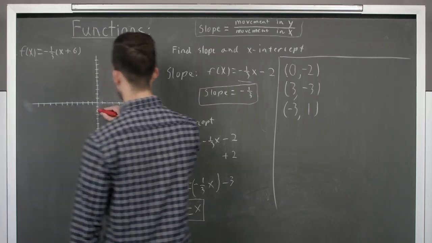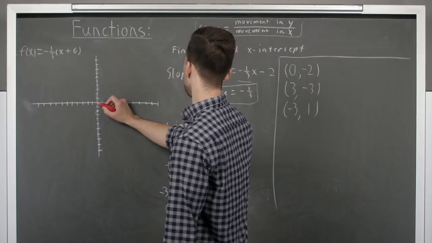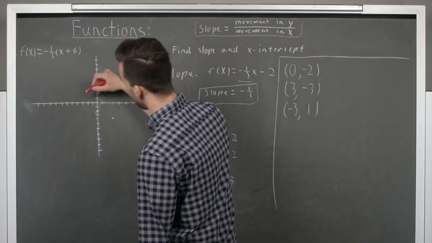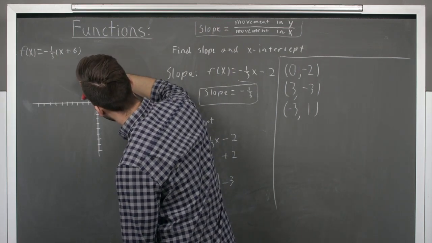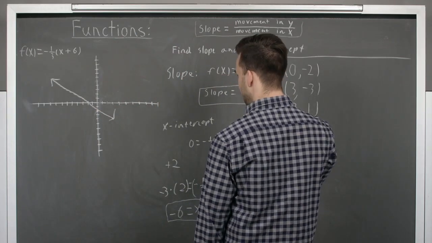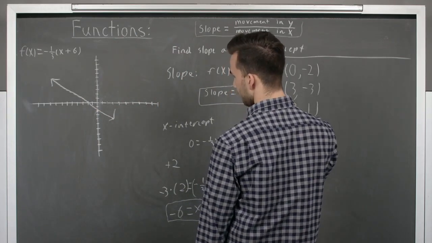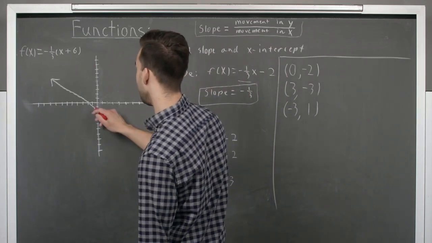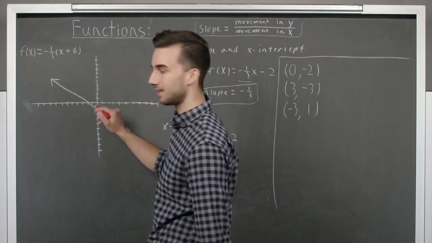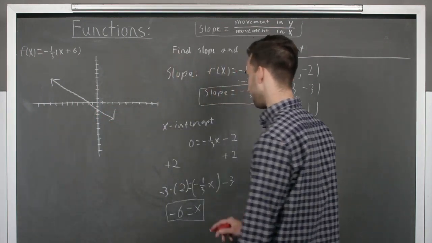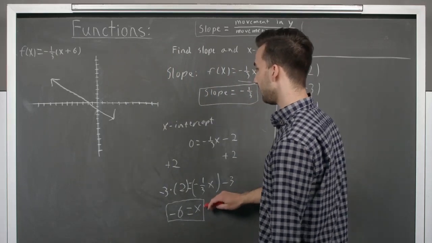And then for x is equal to negative 3, 1, 2, 3, we have y is equal to 1. Okay, so our x here should be equal to negative 6, and it does not look like it. So I either miscalculated my points or I miscalculated the x-intercept.